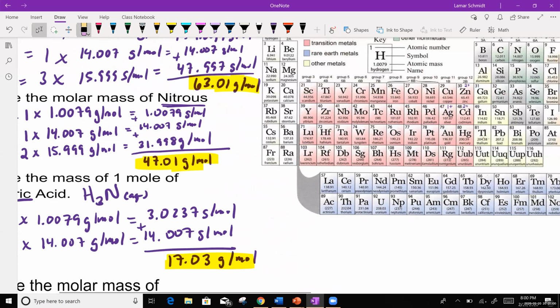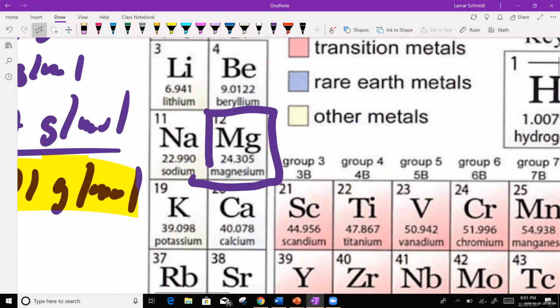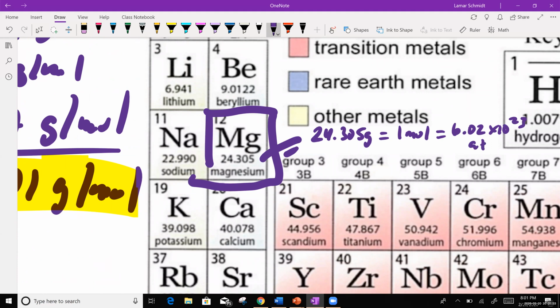Now, we're looking at compounds a lot, but if we say what is the molar mass of magnesium, and here is magnesium, we're going to say that that is 24.305 grams. So if we see that, we know that this mass in grams, 24.305 grams, is equal to 1 mole of magnesium, which is equal to 6.02 times 10 to the 23rd atoms.